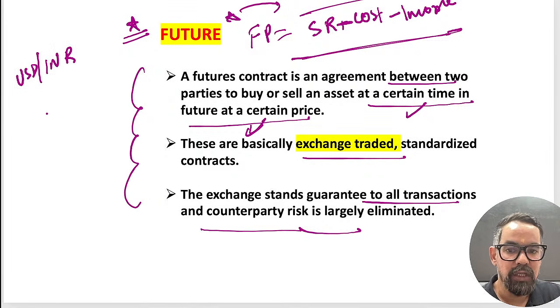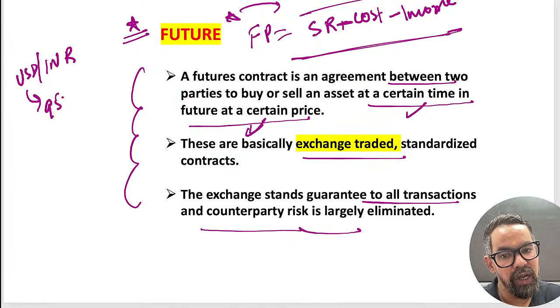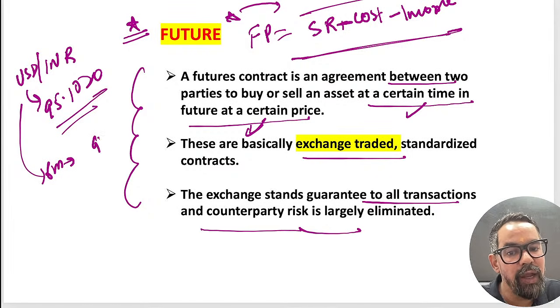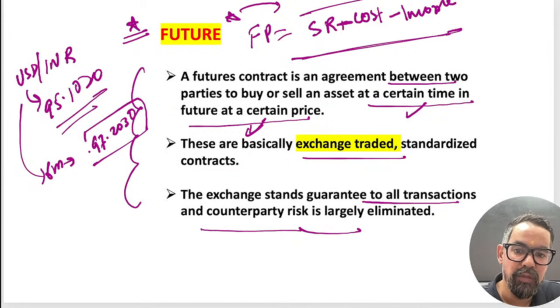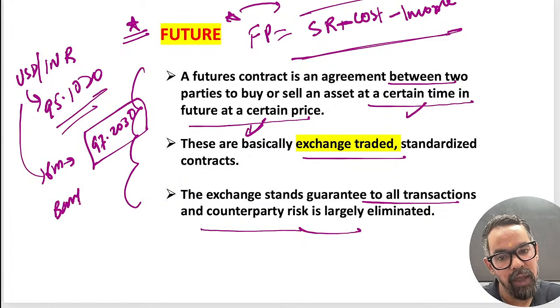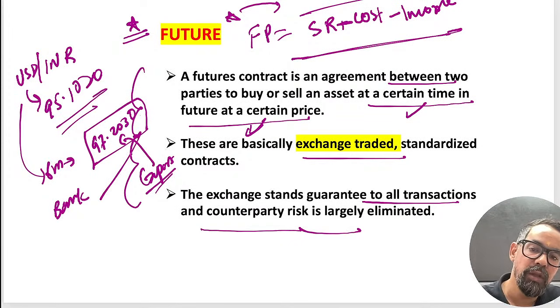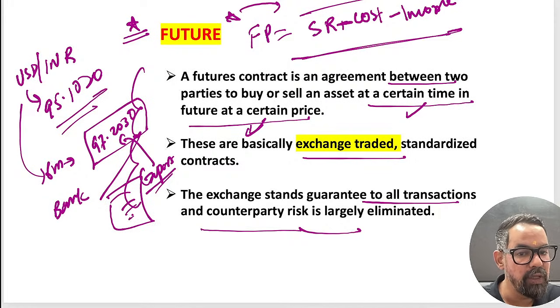Let's say the spot rate of USD INR is 95.1020, and the future of this currency, six months later, is trading at 97.2030. Now there is a deal between the bank and the exporter. The exporter agrees to sell at this price and the bank agrees to buy at this price. So this is a contract between these two.